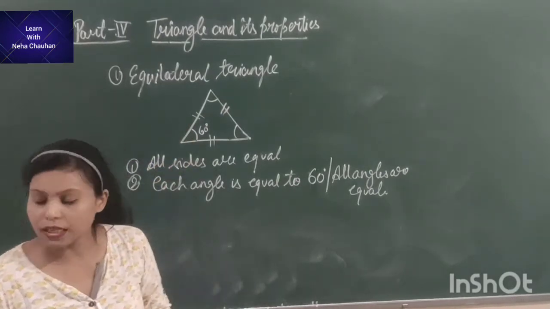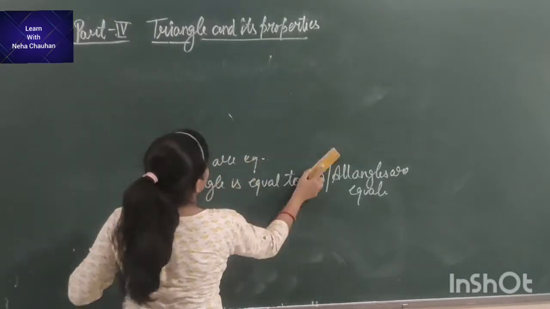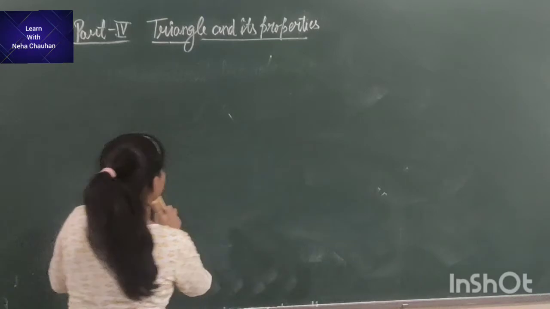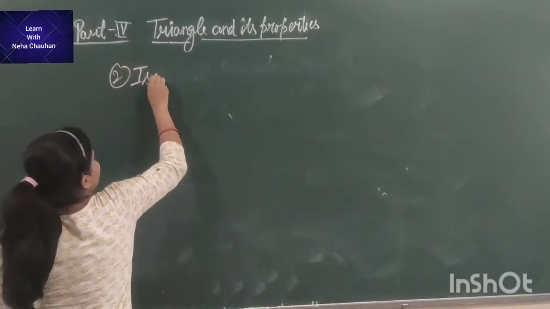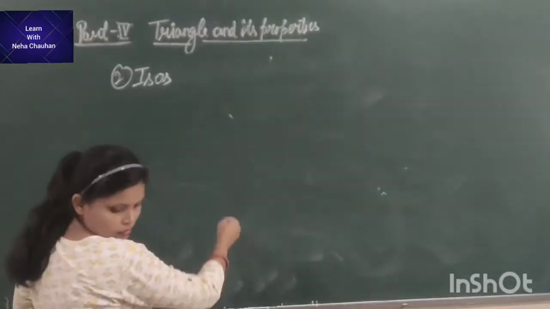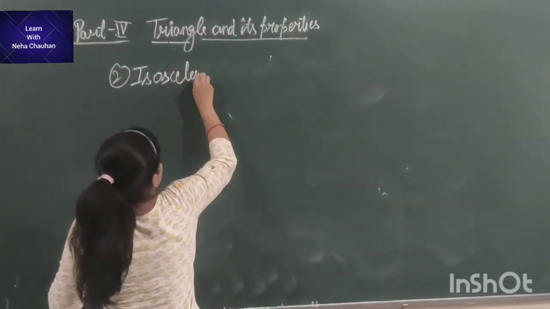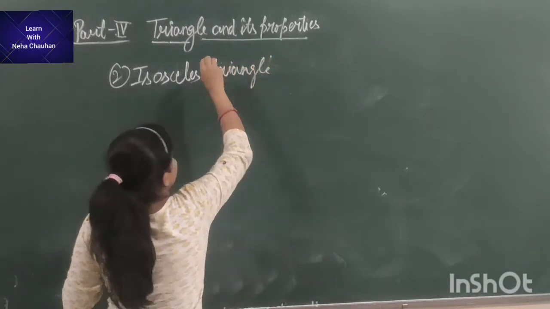Let's study the other type of triangle, the isosceles triangle. So the second triangle is the isosceles triangle.